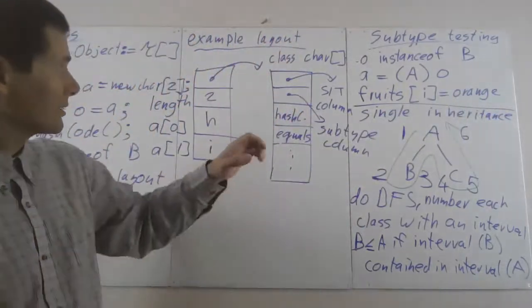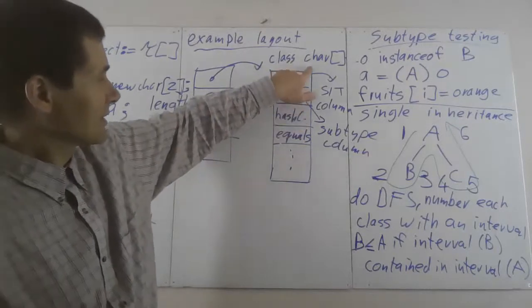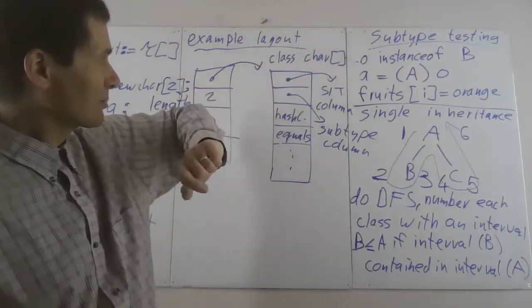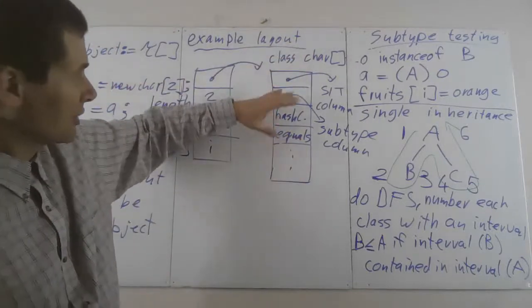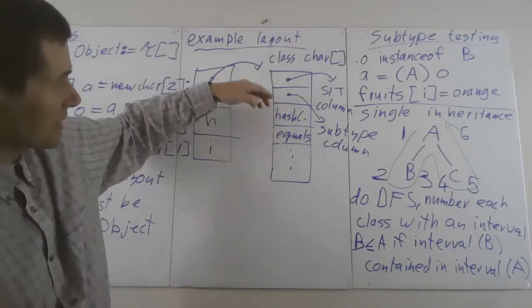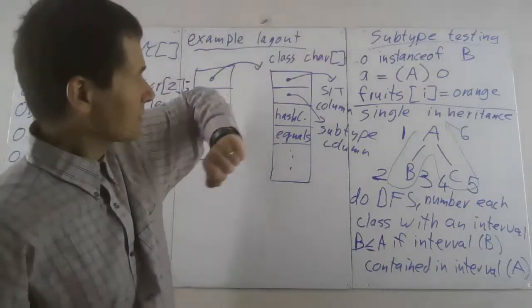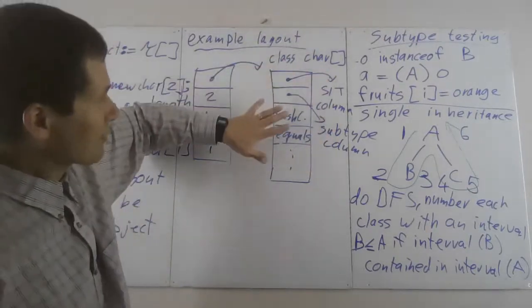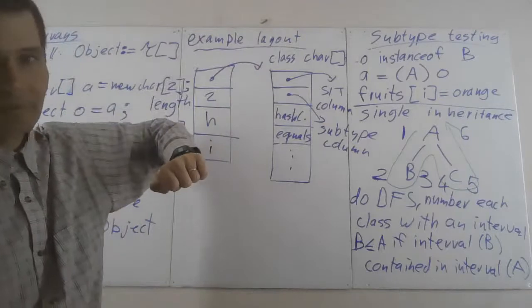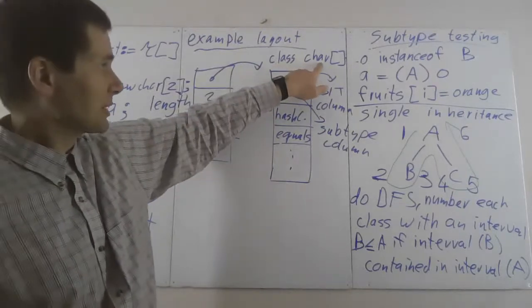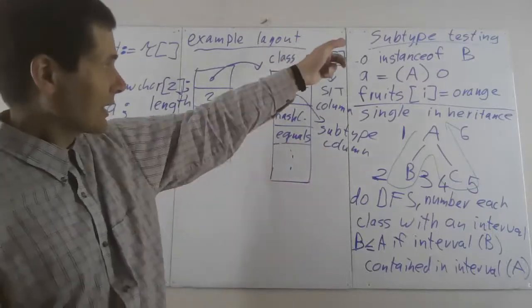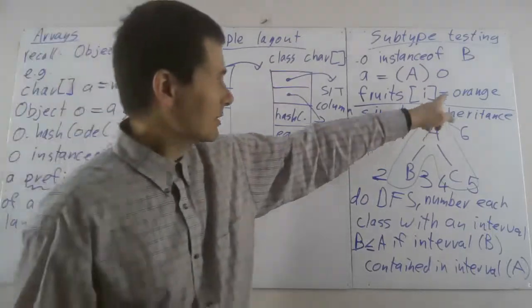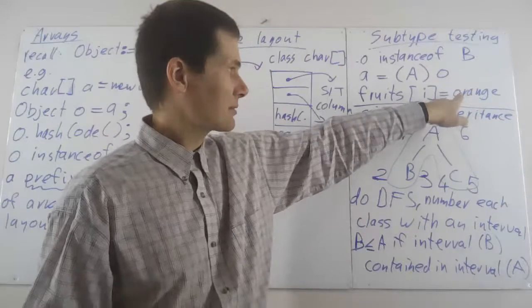Okay, so in the case of a char array, char is a primitive type, but in general, the array information should also somewhere in here have a pointer to the class information for the element type of the array. So in this case, it would be to char, but for an apples array, it would be to class apple, so that when you try to assign an orange to it, you can do the subtype test.